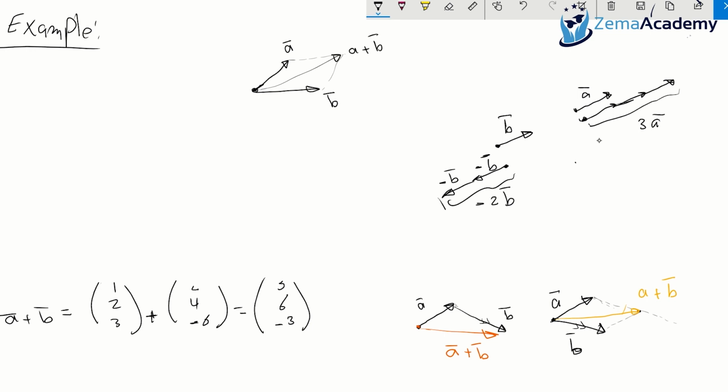Now if you want A minus B, it's simply that you change the sign of B. You take the reverse direction of B with the same magnitude, and this is minus B. And then you add minus B to A. You take a line parallel to A, from A to B, parallel to minus B, and parallel by the end of minus B, parallel to A, and that is the vector A minus B.